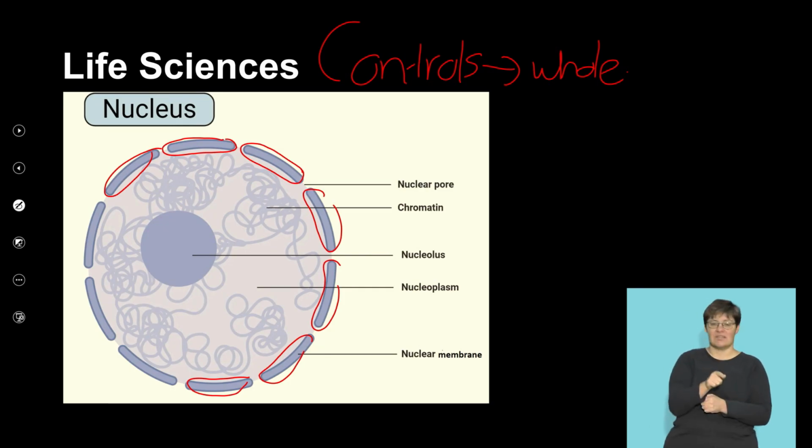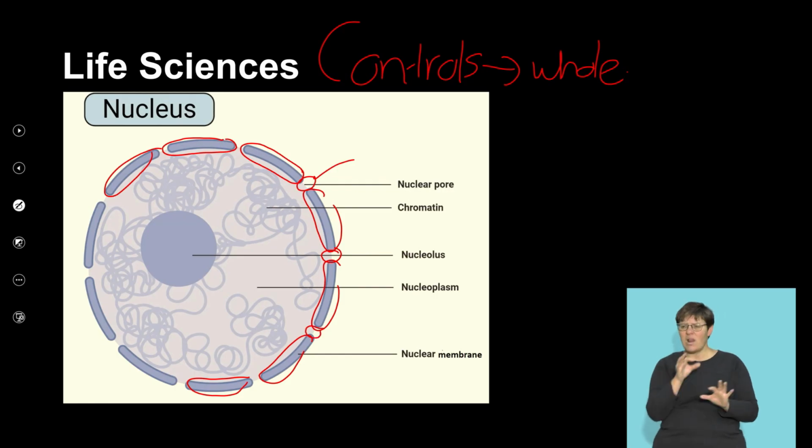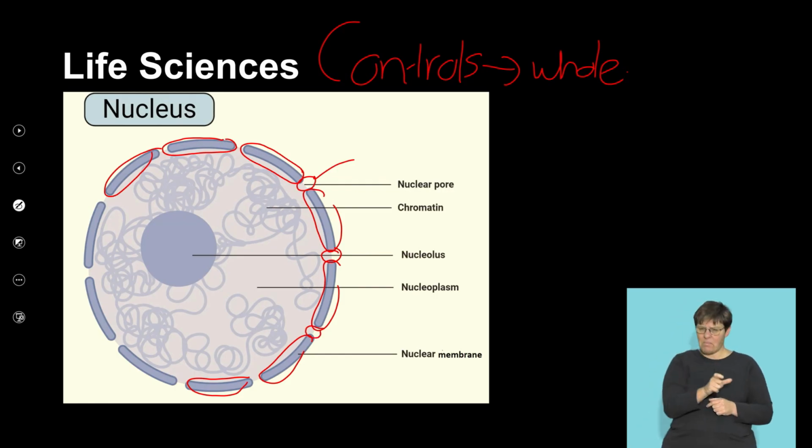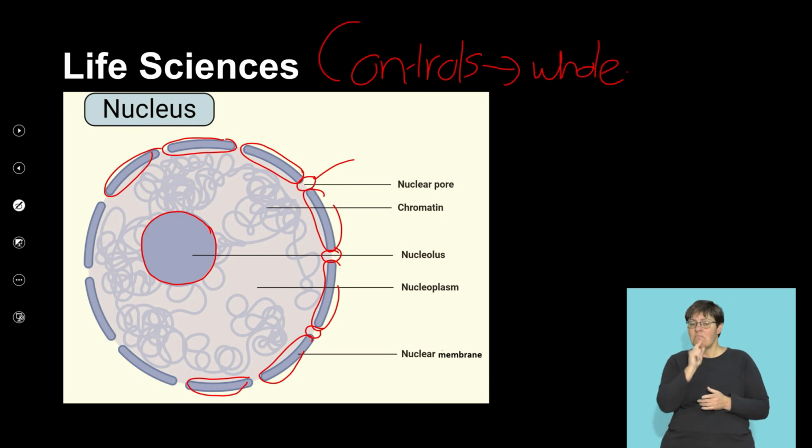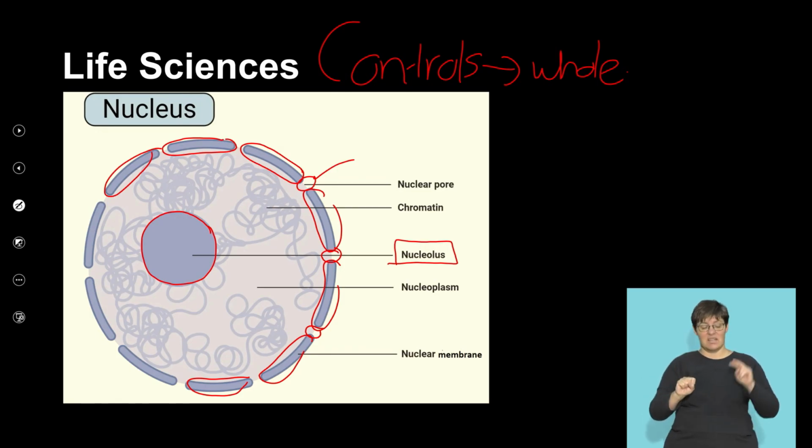It has got these little pores in, and I'm going to explain to you why we need to have the holes there. Now, usually in the center, we've got a very dark staining body. That's what we see most often when we look at the cells. Don't get confused with the words. It's called the nucleolus, which is different to the nucleus.